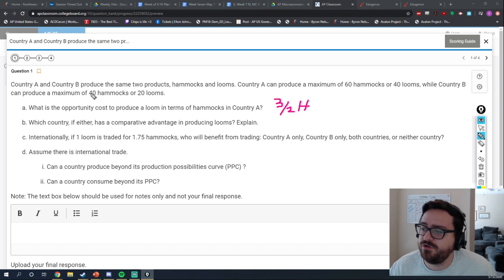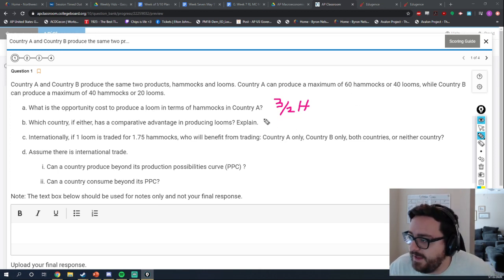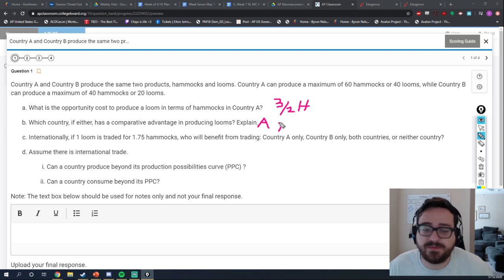So every time country B makes a loom, they could have made 2 hammocks. Every time country A makes a loom, they could have made 1.5 hammocks. So who has the comparative advantage is who gives up the least, who has the less costly production. And that would be country A. And your explanation here would just be simply because they have a lower opportunity cost.